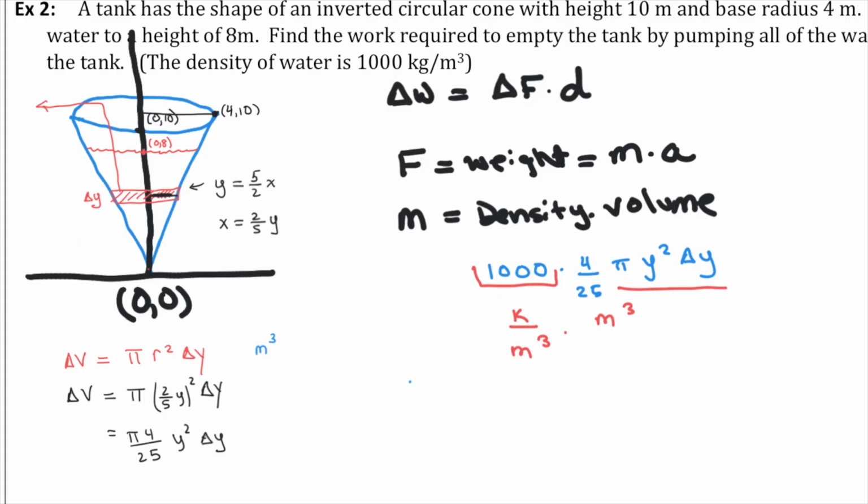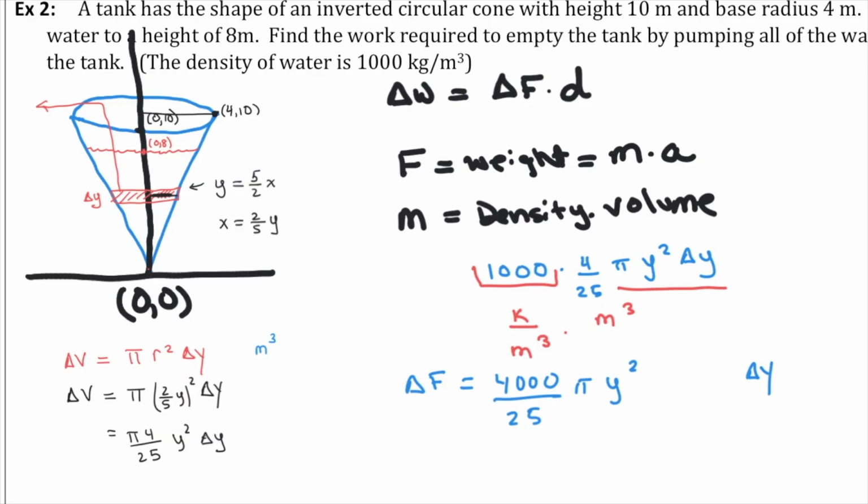Okay, so delta F. In this problem, we want to know the force it takes, or the weight of that water, which is your mass times your acceleration. Well, your mass was your 1,000 times 4, so there's our 4,000 over 25. Here's our pi y squared. I'm going to throw my delta y over at the end because we don't like to have delta y in the middle.